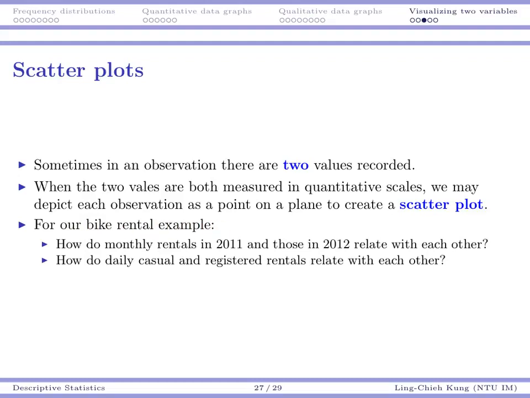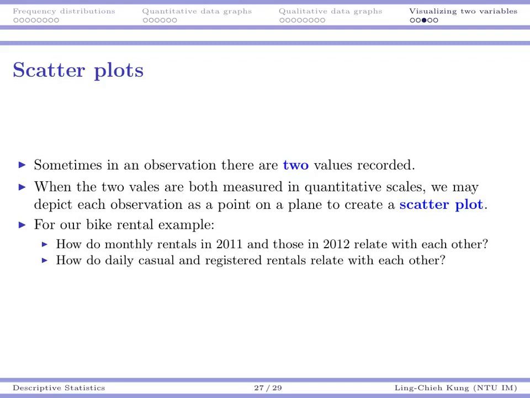So for our bike rental example, let's ask, how do monthly rentals in 2011 and those in 2012 relate with each other? Or let's ask, how do daily casual and registered rentals relate to each other?